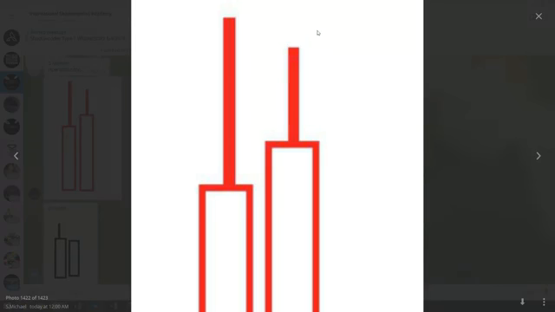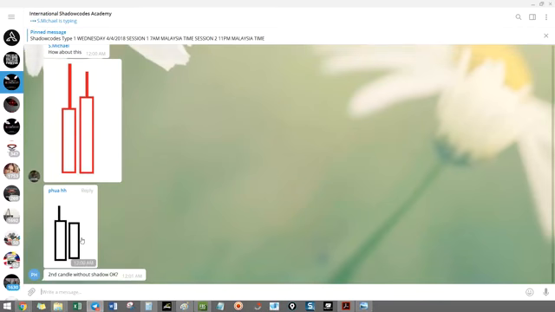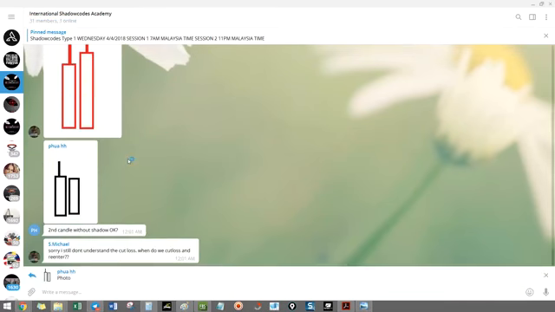This will be our ST1. Wait, I need to open the Shadowcode tools. Wait a moment, I open this thing. No ST1, if like this.